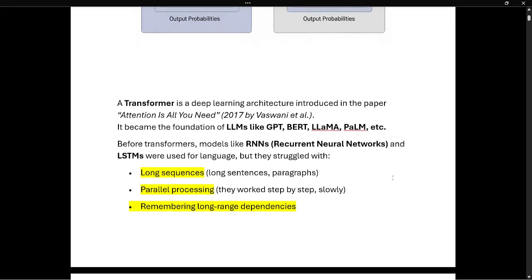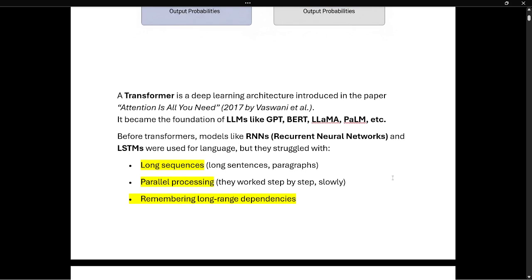But first we'll see what a transformer is. It is a deep learning architecture that was introduced in 2017 by Vaswani et al. in the paper Attention Is All You Need. For now, we can understand that a transformer is a deep learning architecture.